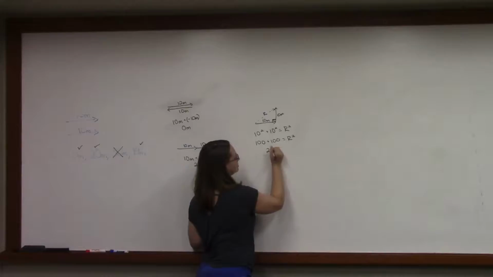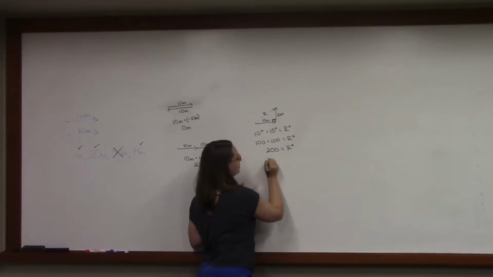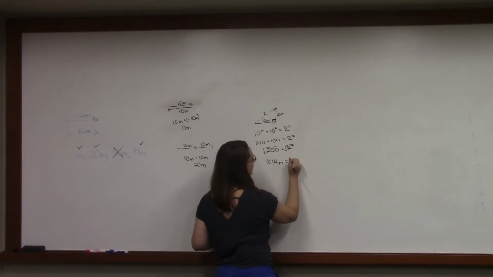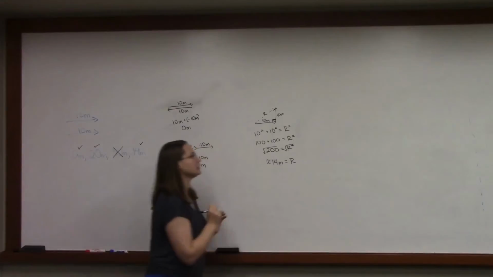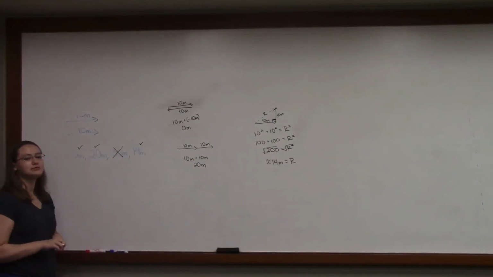So we have 200 equals r squared. The square root of 200 is about 14, and that'll be in meters, which is our r. So that 14 is roughly when we have a right angle between our two vectors.